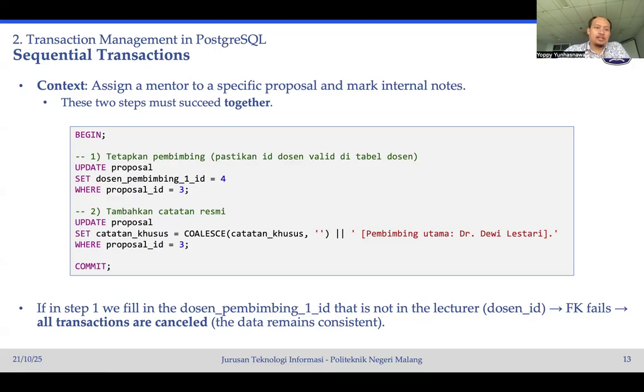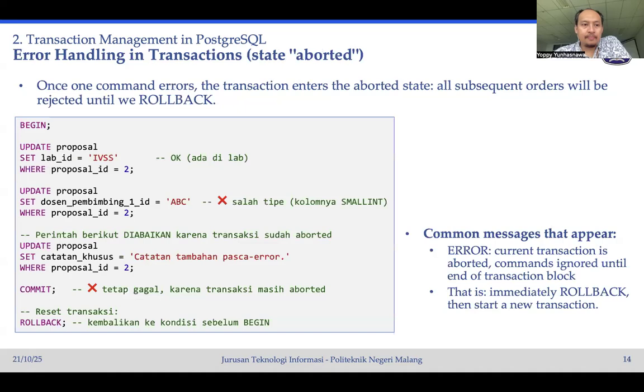Okay, so this is the example of sequential transactions. Then what happens if a transaction fails? If one or more operations inside a transaction fail, by default the operations will be cancelled.